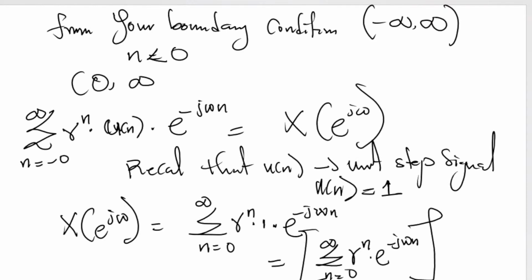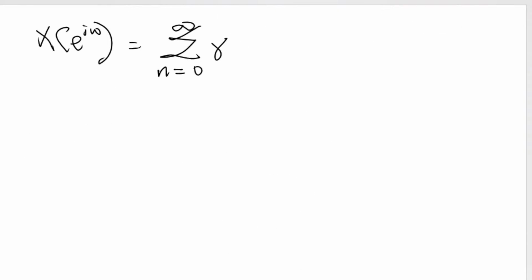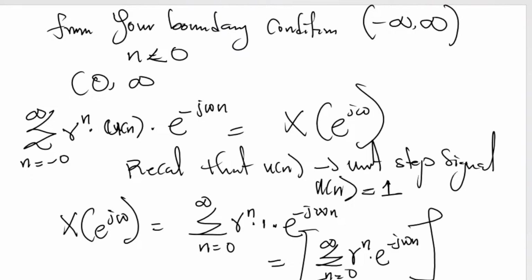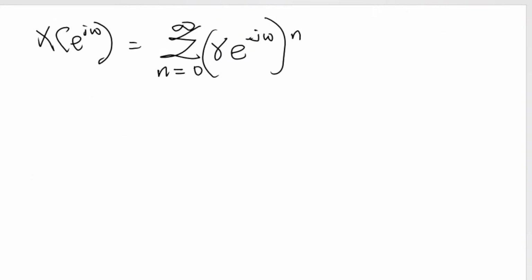So if you take n outside here, you simply have r multiplied by exponential minus jw, and the power will simply be n, such that if you use your n to multiply into this bracket, you will still arrive at what you have here. So what we just did was simplify our equation. Are we together?